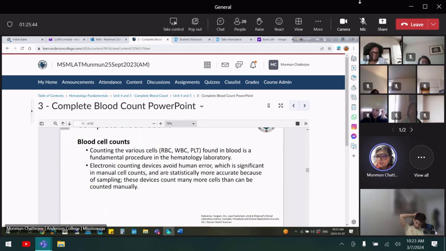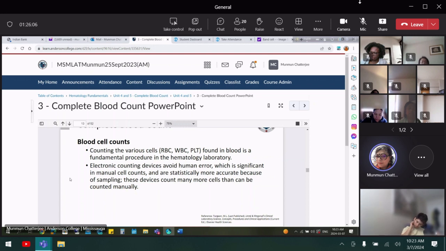Blood cell count. Counting the various cells, RBC, WBC, platelet found in blood, is a fundamental procedure in the hematology laboratory. So blood cell counts means you have to count all these three types of cells. Electronic counting devices avoid human error, which is significant in manual cell counts.